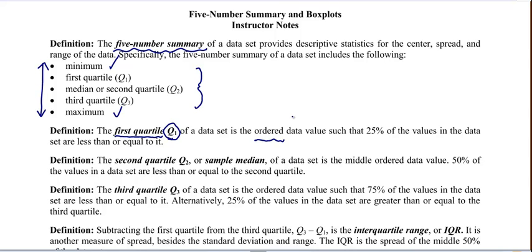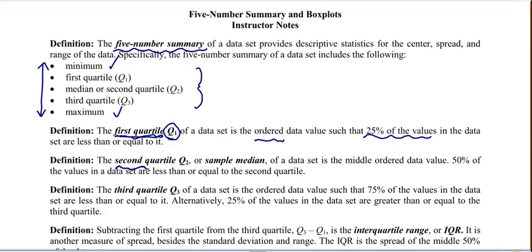So you really want to order your data before you try to find the first quartile. The first quartile is the data value Q1 such that 25% of the data values are less than or equal to it, and 75% are greater than or equal to it.